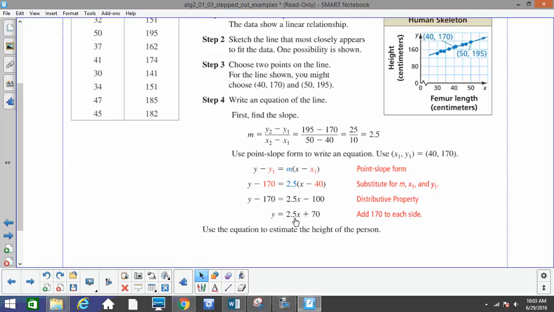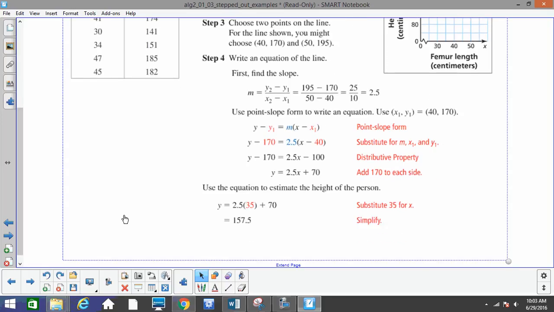Y equals 2.5x plus 70. And if you want to estimate 35, plug that in. The approximate height of a person with a 35 centimeter femur is 157.5 centimeters.